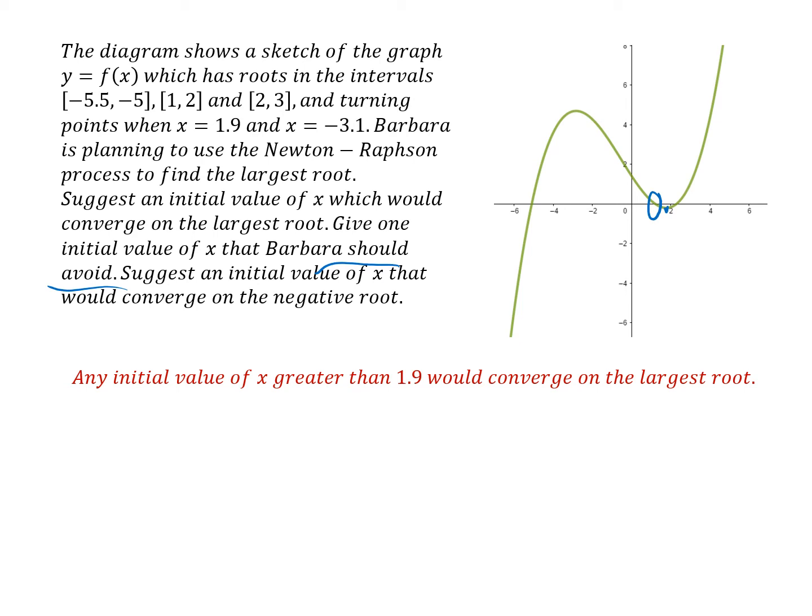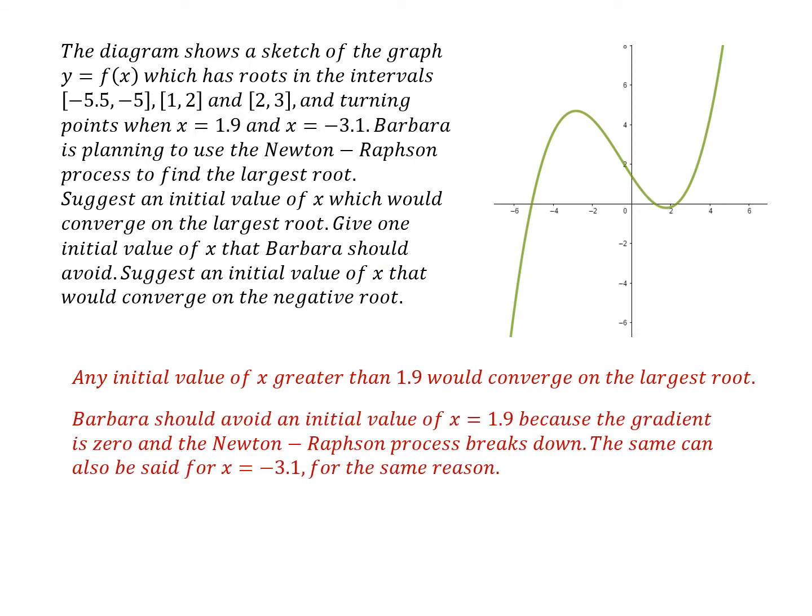So the tangent at that point would not cut the x-axis at all. As far as Newton Raphson is concerned, it would be invalid because we'd be dividing by 0. So we should certainly avoid x equals 1.9, where the turning point is. Also, she should also avoid using -3.1 as well.